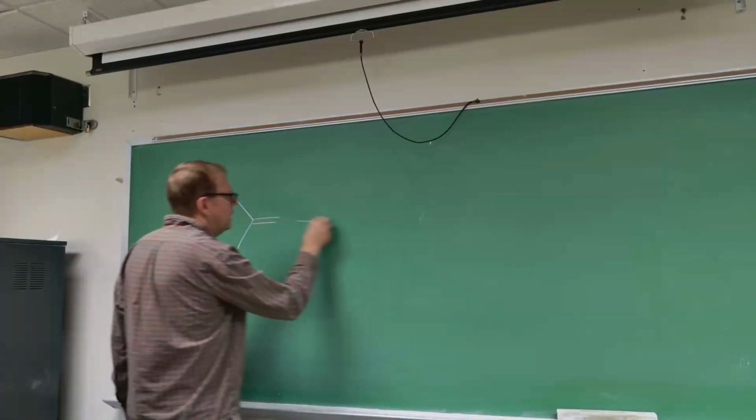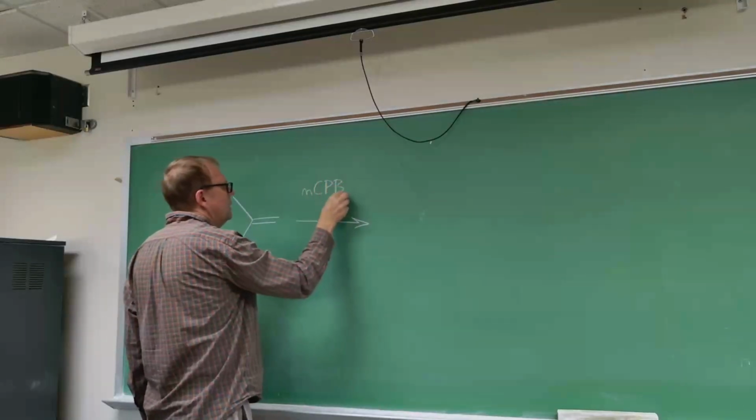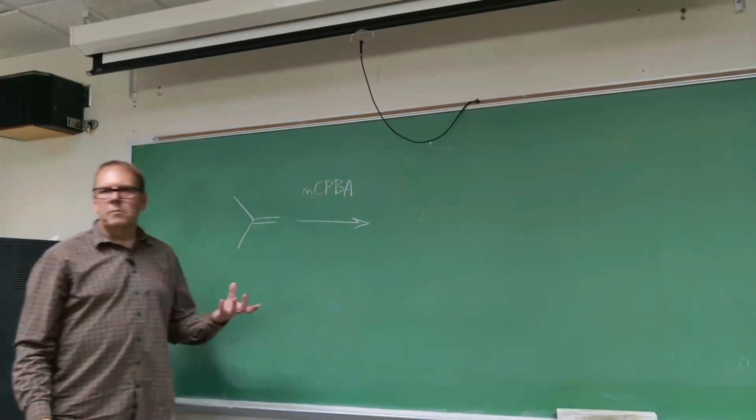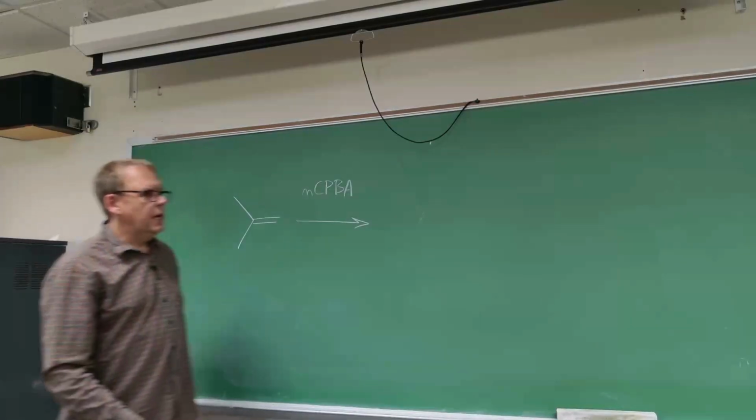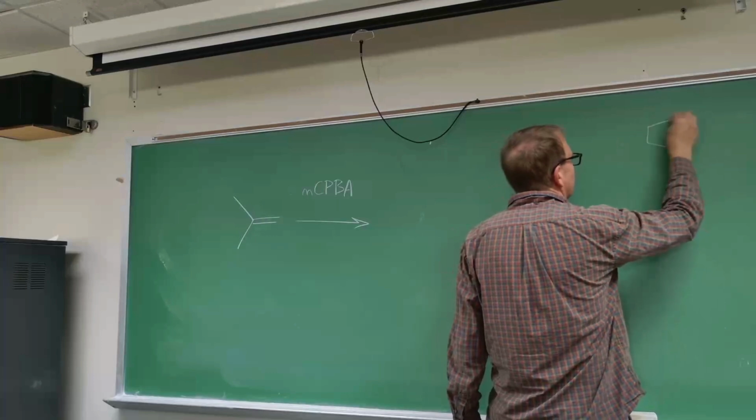So here's an alkene, and you might see, for example, MCPBA, and then on an exam, I'd also give you the structure of MCPBA, maybe off on the side. I'd say the structure of this molecule is this.